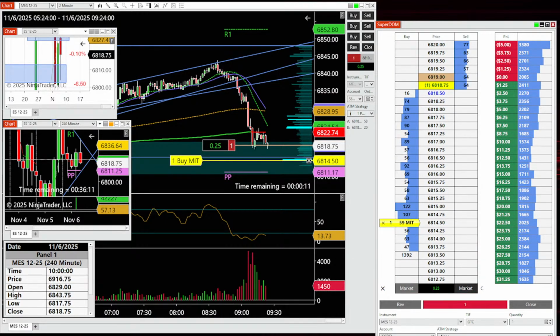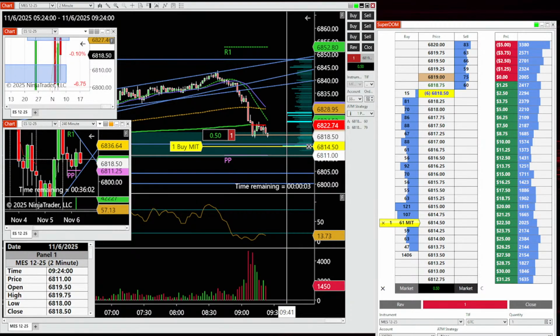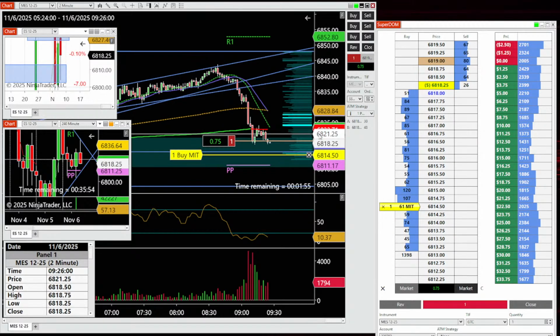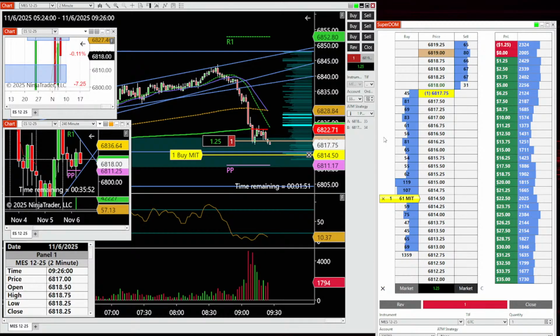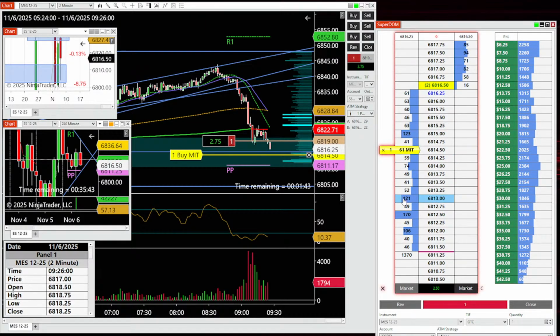We got the S1 here. That's why it's probably not breaking. If this one breaks, I want to see this bar break. I don't want to see it pull back. Okay. Is it going to? There we go. 13.